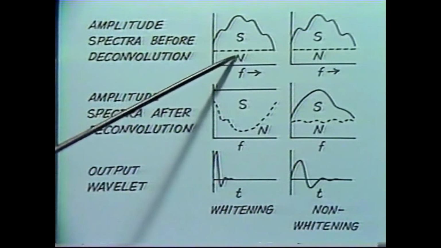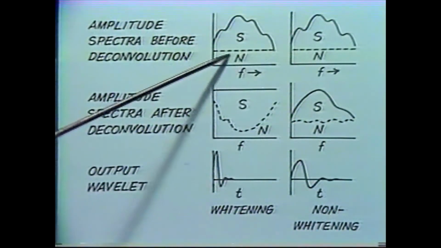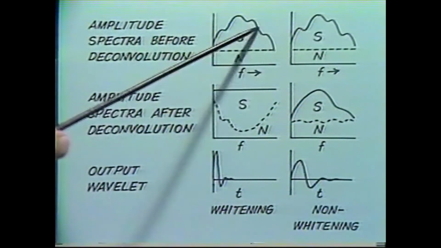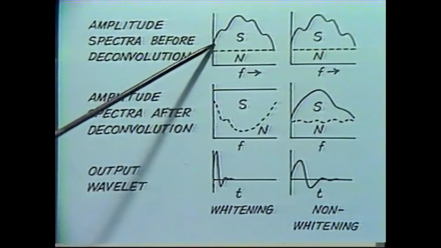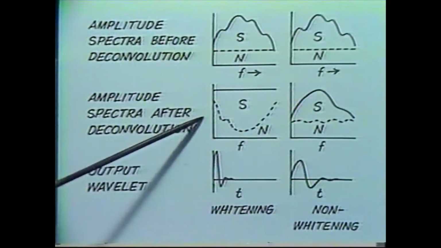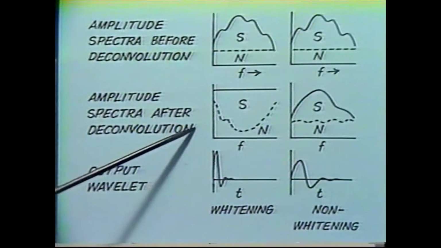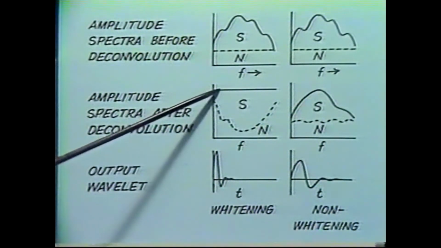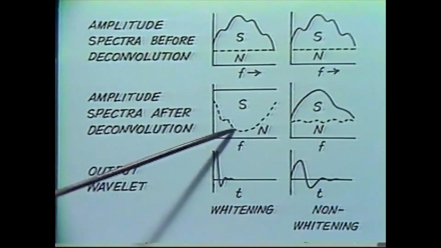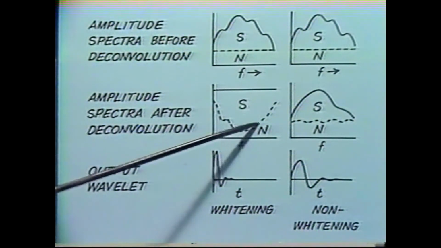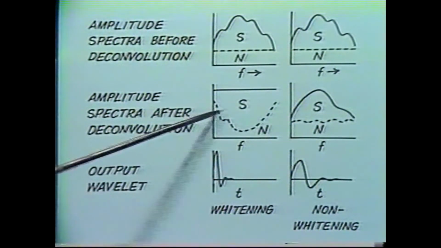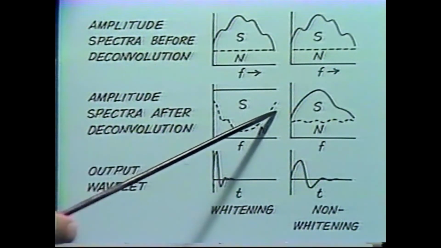The noise is essentially flat. The signal spectrum has a lot of character to it. When we apply whitening deconvolution, the process has no knowledge of what's signal and what's noise, so it really flattens the total spectrum. This has the effect of boosting the noise relative to the signal in those parts of the spectrum where the signal-to-noise ratio was small.